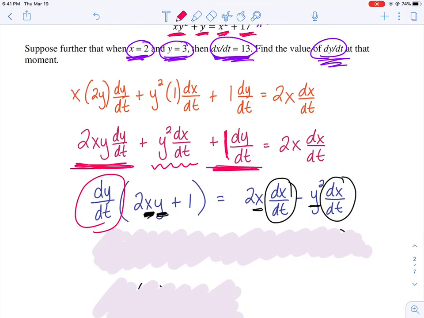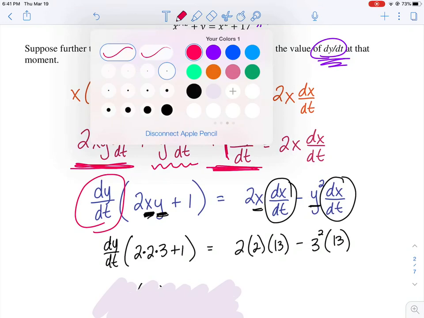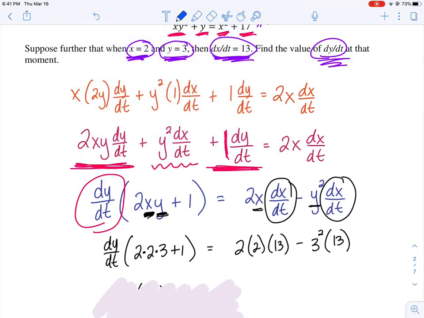And again, in the problem, it tells us that when x is 2, y is 3, dx/dt is 13, we want to find dy/dt. So I should be able to either divide and then plug everything in, or I can plug everything in now. So it looks like I plugged everything in right away. Again, remember in the problem that it says that x is 2, so that's where this 2 came from.